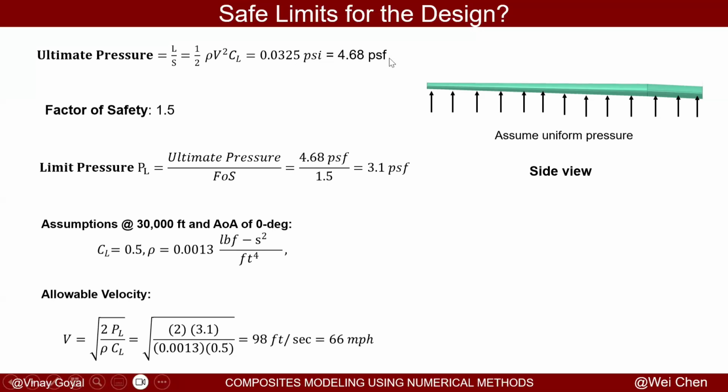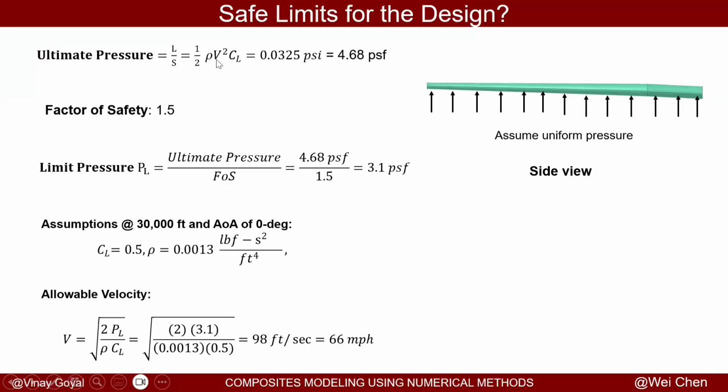force per feet squared. And as you know, the lift pressure is equal to the lift force divided by the span area of the wing, which is equal to 1/2 the density of air at the altitude of flight, times V, the velocity of the airplane, squared, times the lift coefficient.